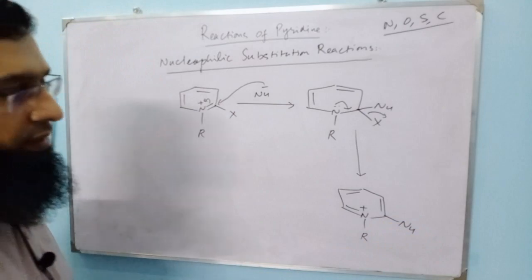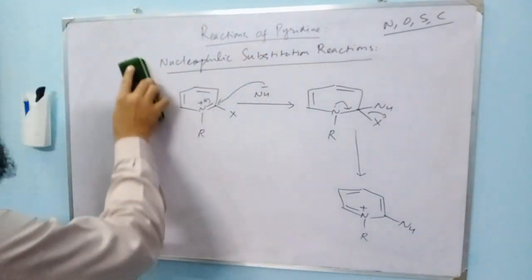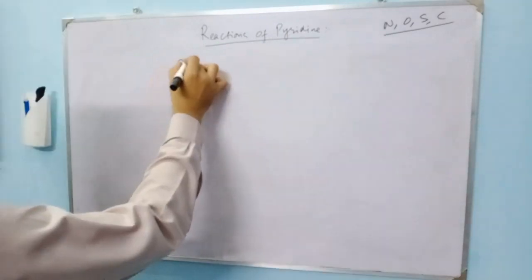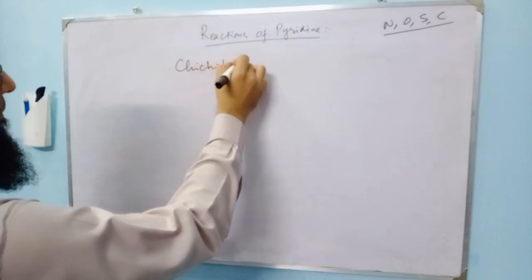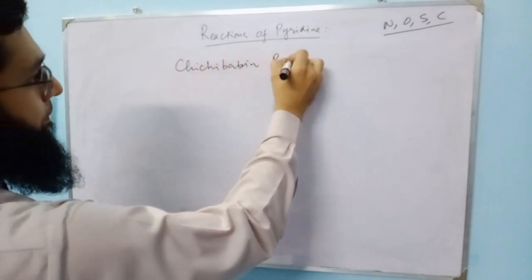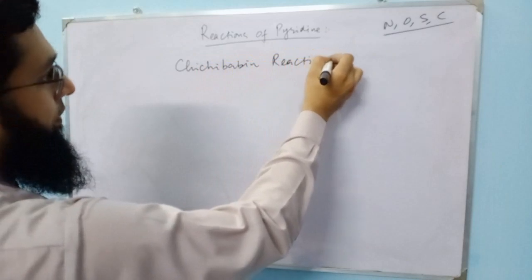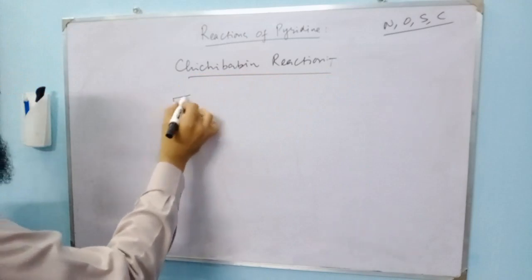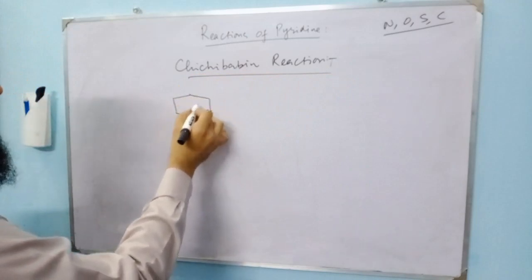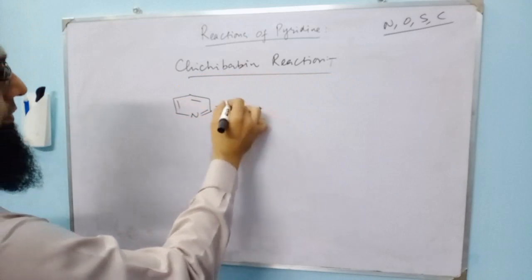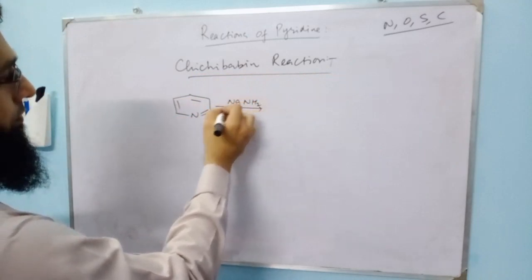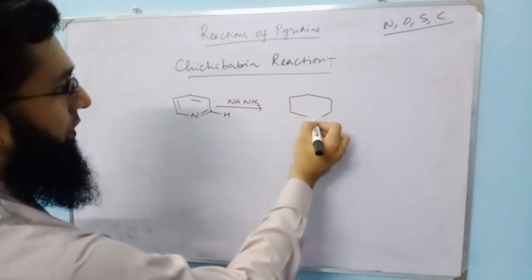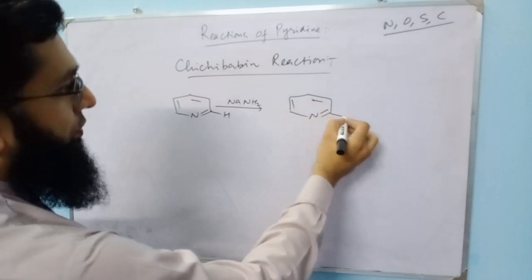Now we study the Chichibabin reaction, amination reaction, which was first studied for pyridine. In this reaction, pyridine is treated with sodium amide and it is converted into 2-aminopyridine.